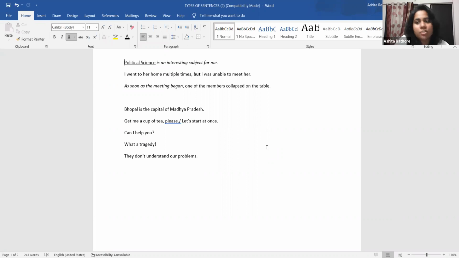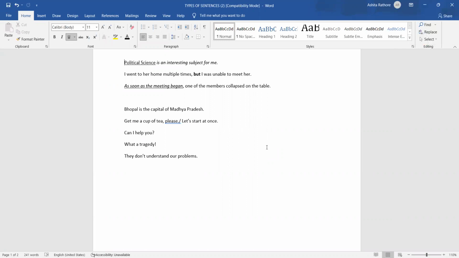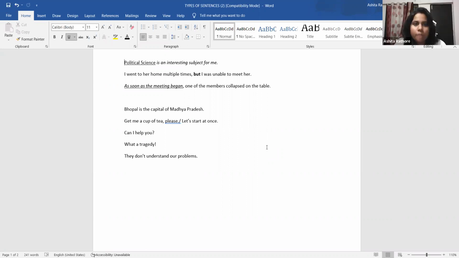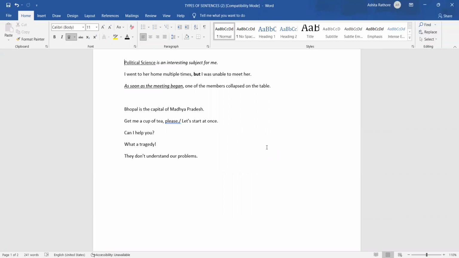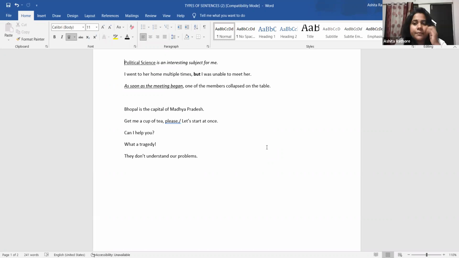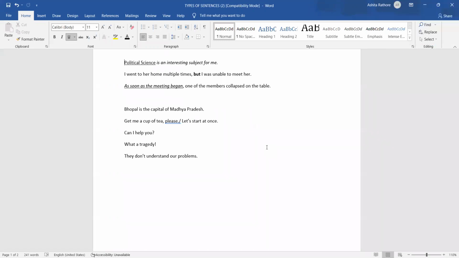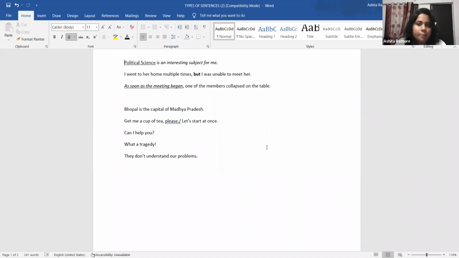Elaborate what is the structural difference and what is the semantic difference. Structural would be in the sentence itself, focusing on the structure of the sentence, how the words are placed, what are the components of a sentence. Yes, and there are three types: simple, complex, and compound.